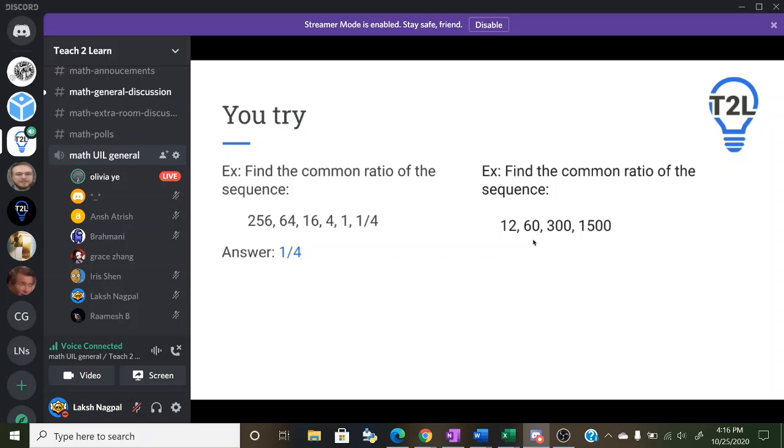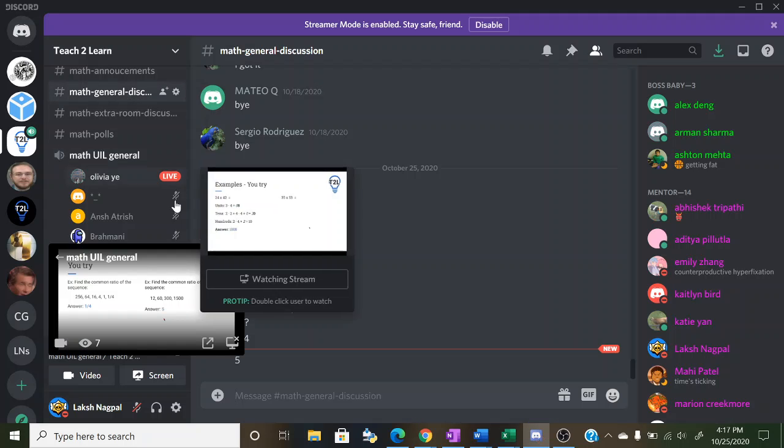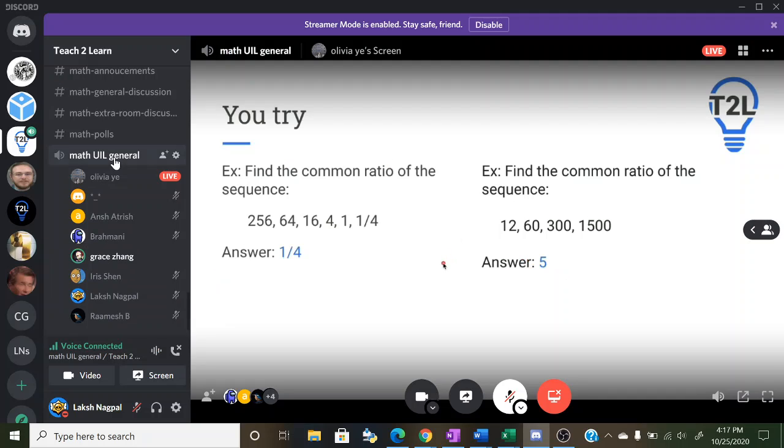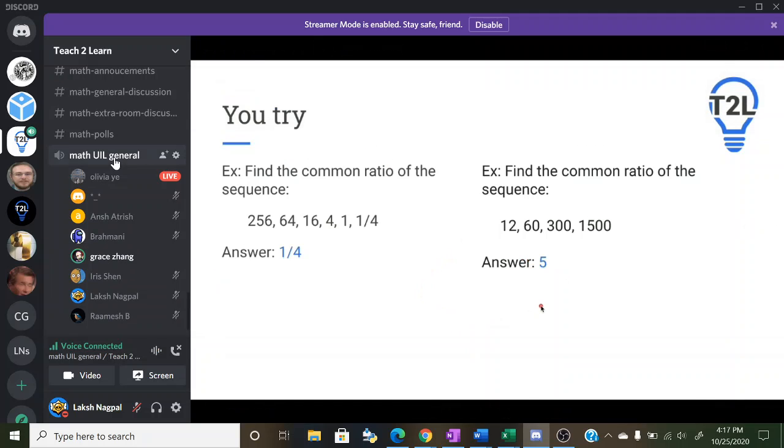Did anyone else get an answer? The answer is 5, because as you can see, the 12 is multiplied by 5 to get 60, and so forth.